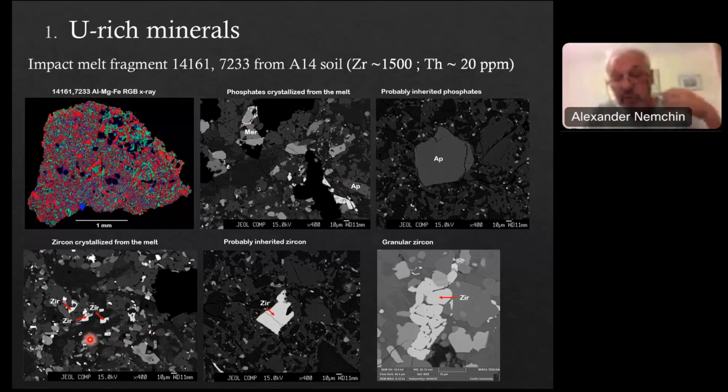In addition, when we look carefully, some of the zircons show granular features, and over the years we learned that these granular zircons actually formed during the impact. So here we've got something that is inherited, and both phosphates and zircons that formed as a result of impact.